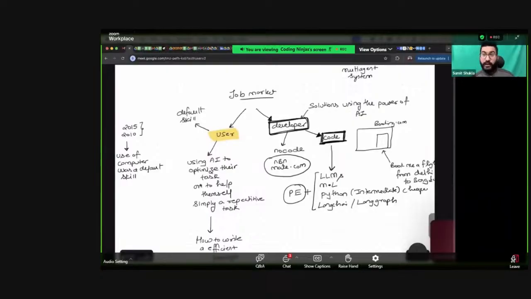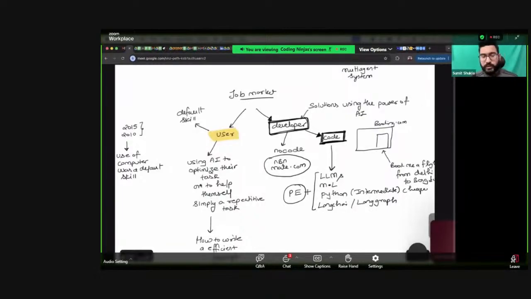They are looking for developers who can create systems, the AI systems using the existing platform that they have. So someone has the existing website, someone has the existing mobile application, and they want to implement AI on top of it.